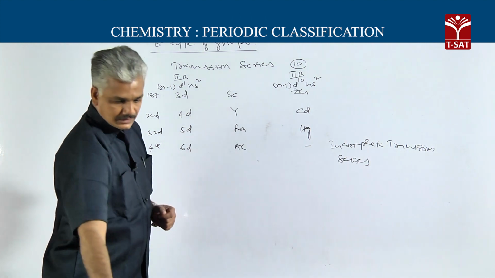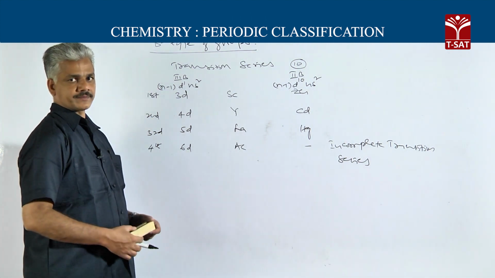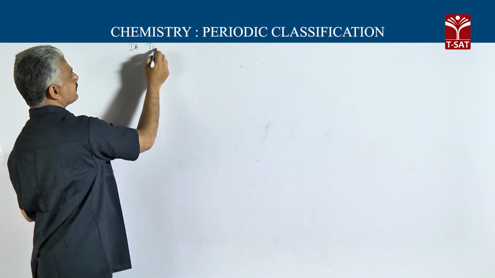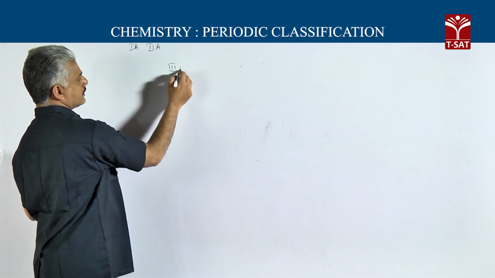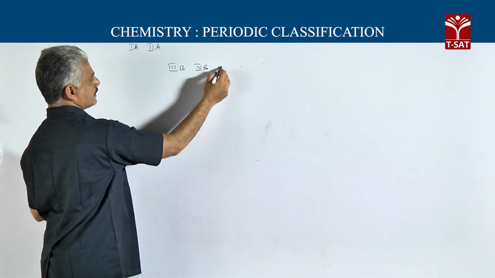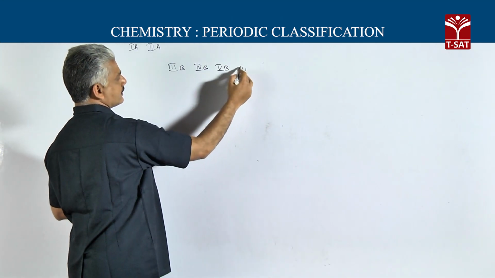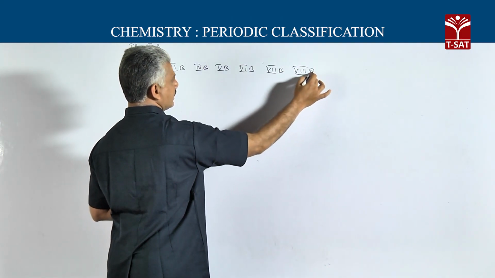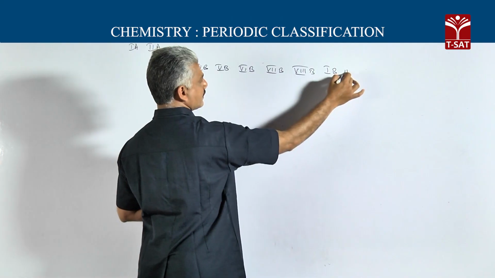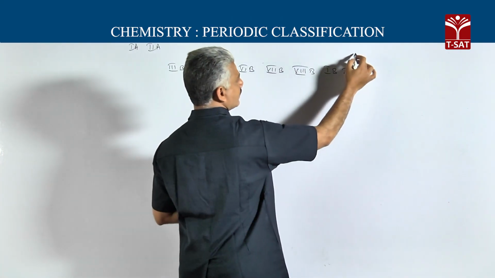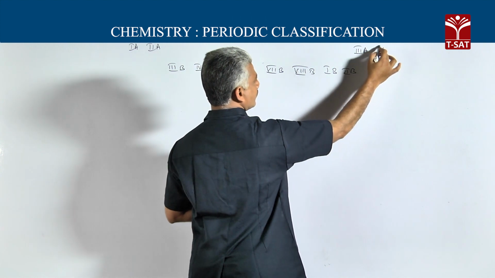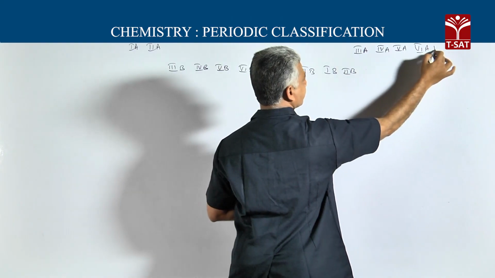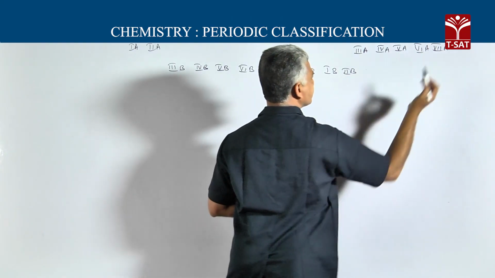So, overall, if we look at the sequential order of groups, the groups can be represented like this: 1A, 2A, 3B, 4B, 5B, 6B, 7B, 8B, 1B, 2B, 3A, 4A, 5A, 6A, 7A and 0 group.